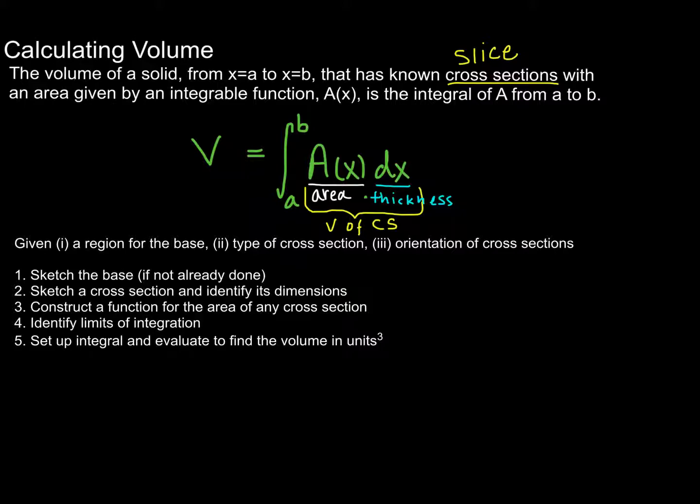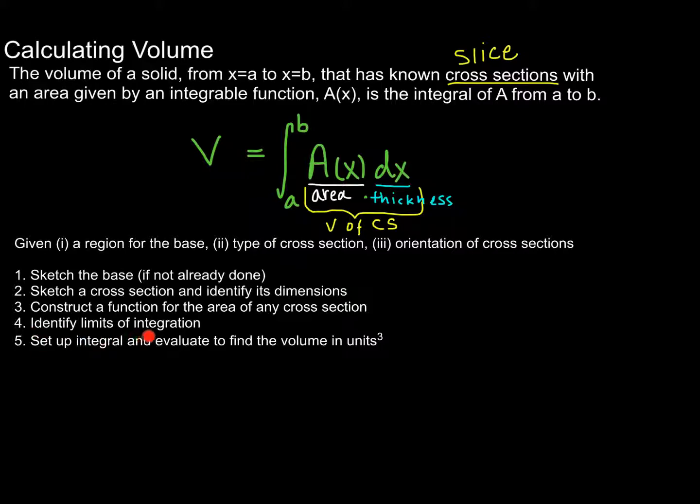Here's what we want to do. We want to sketch the base, if that hasn't already been done. We want to sketch a cross-section and identify its dimensions. Notice that the dimensions should be in terms of a variable, x in most cases. We want to construct a function for the area of any cross-section. So this will require us knowing some basic area functions, like the area of a square is side times side, or side squared.